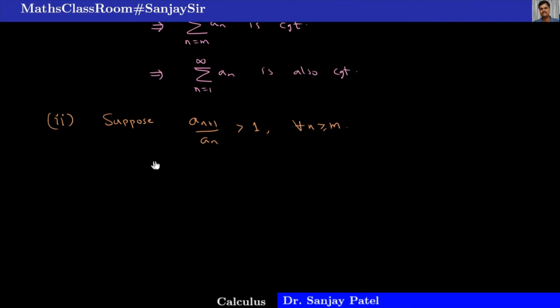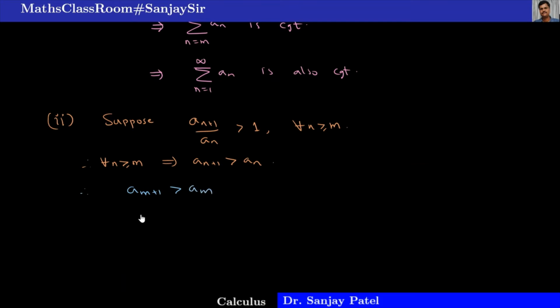That gives us, for every n greater than or equal to m, an plus 1 is greater than an. Remember all the an are positive, and therefore if I put n equal to m, what I will get is am plus 1 is greater than am.